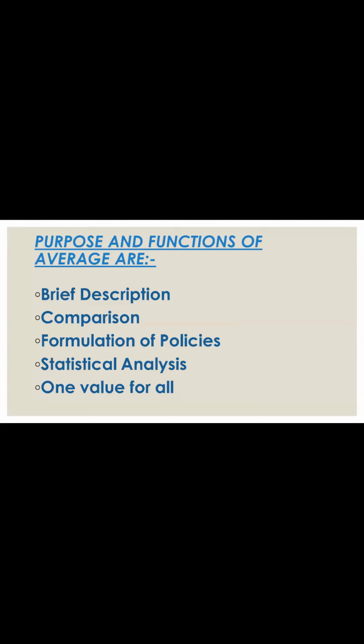Okay. So next is the formulation of policies. Averages help in formulation of policies. How? We have taken the example of per capita income of India. It is 31,801 per annum, which is very less than other countries.